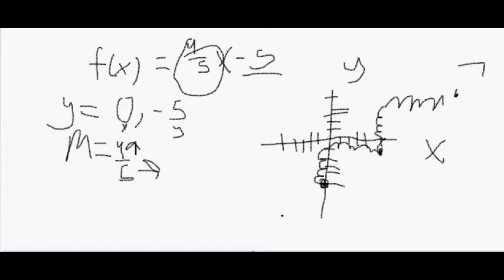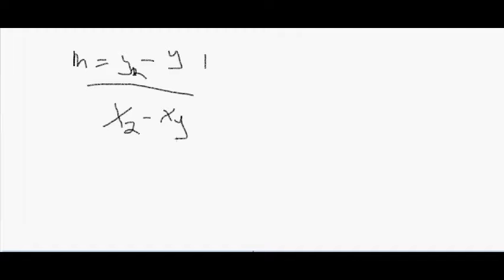Number 41 to 42 is a little different. The formula to find the slope of a line is m, the slope, equals y2 minus y1 over x2 minus x1.